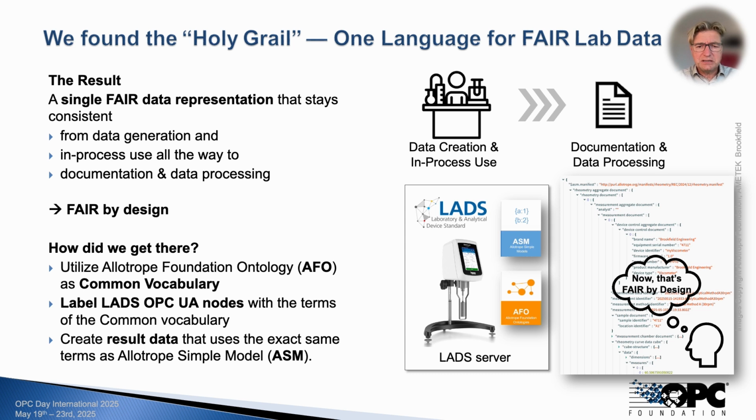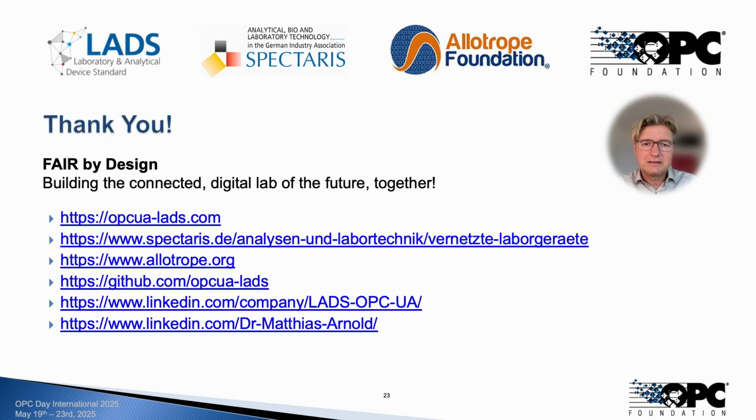It's a complete integration of device-level communication and high-level data modeling, bound by a shared semantic foundation. In short, we found the holy grail of FAIR lab data, and it's real, working, and available today.